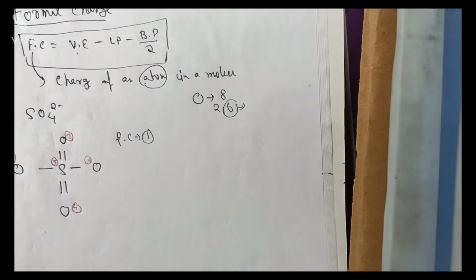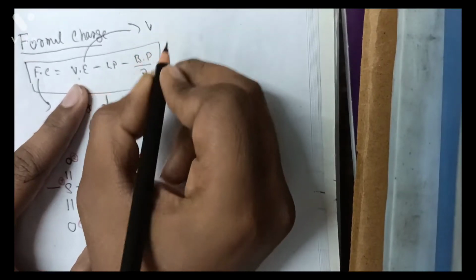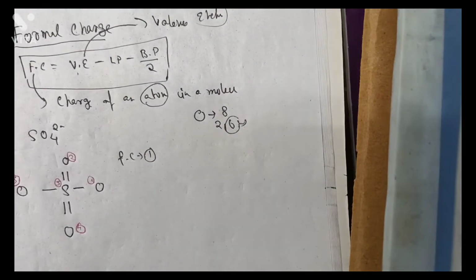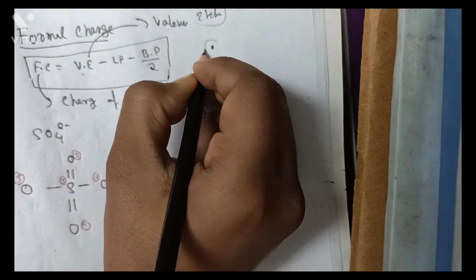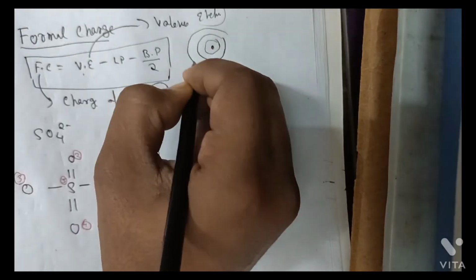As we all know, what is a valence electron? It is the electron that is present in the outermost orbit of an atom. For example, this is the nucleus, this is the innermost orbit, this is the second orbit, and this is the outermost orbit.